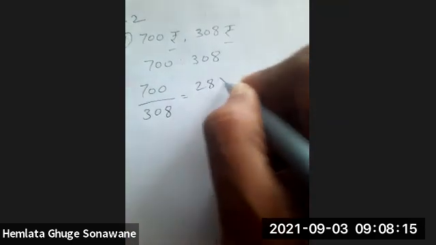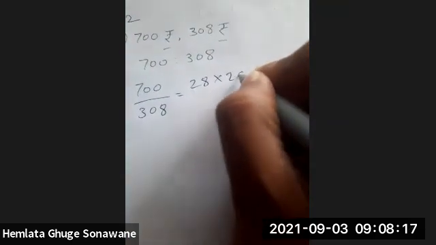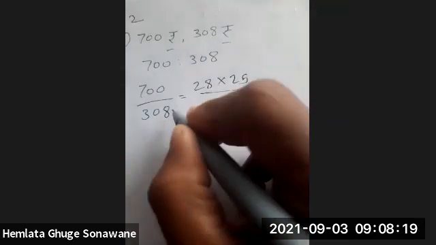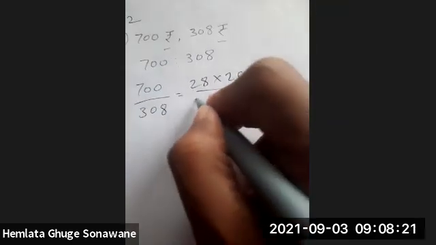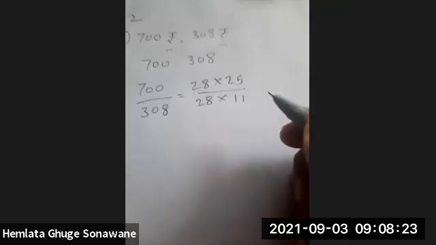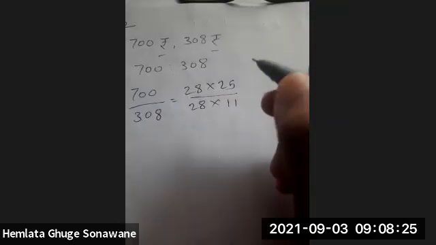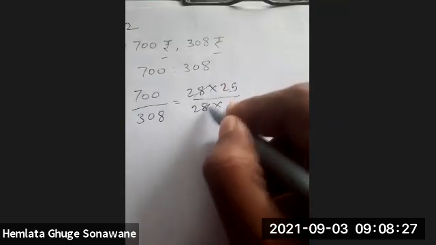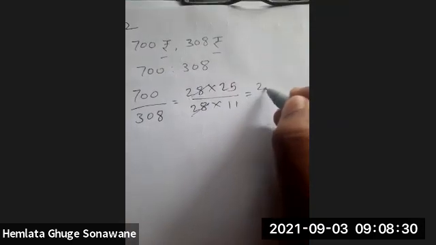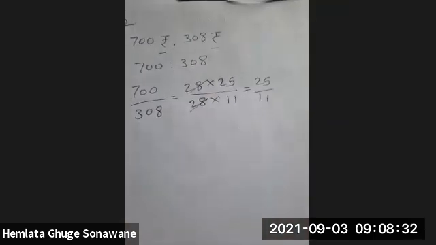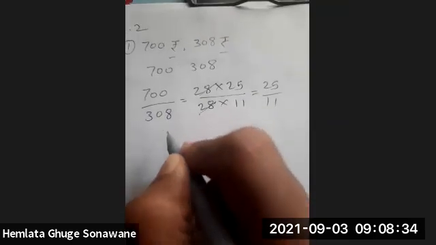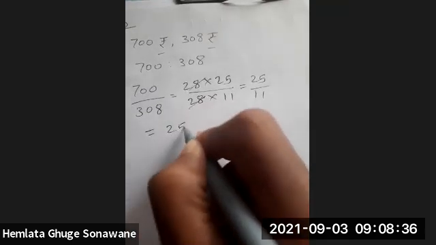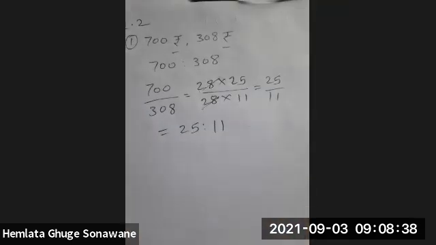So 700 becomes 28 into 25 and 308 becomes 28 into 11. Okay, now this 28 cancels and it becomes 25 upon 11. That is 25 as to 11.